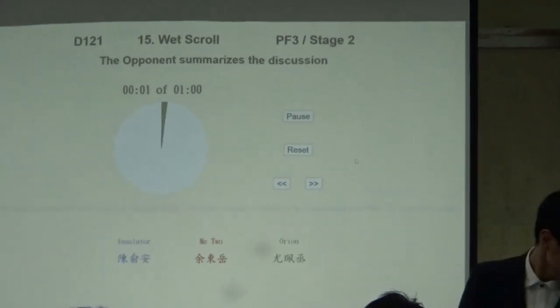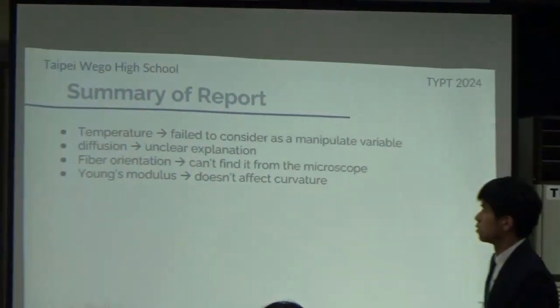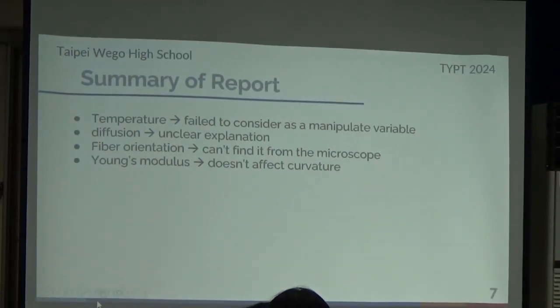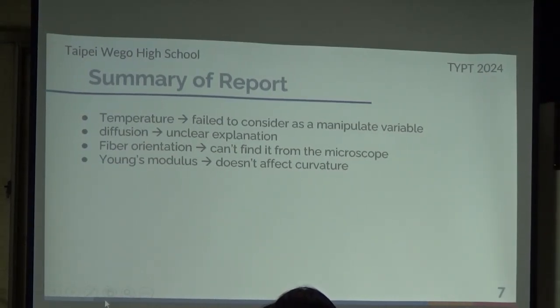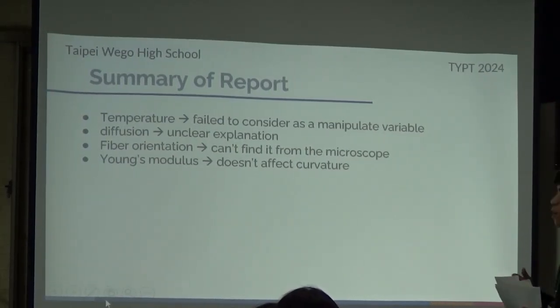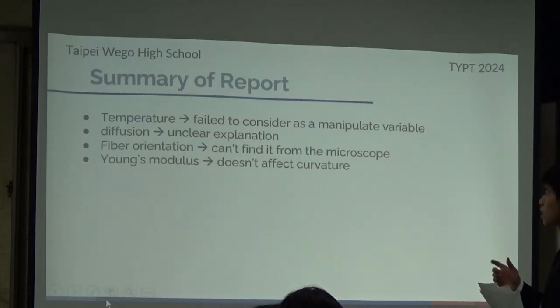So the opponent summarizes the discussion, 1 minute. Okay, so during this discussion, we first focused on the temperature, and I think that the reporter failed to consider it as a manipulated variable, since they mentioned that it affects the phenomenon a lot, but they didn't consider it.